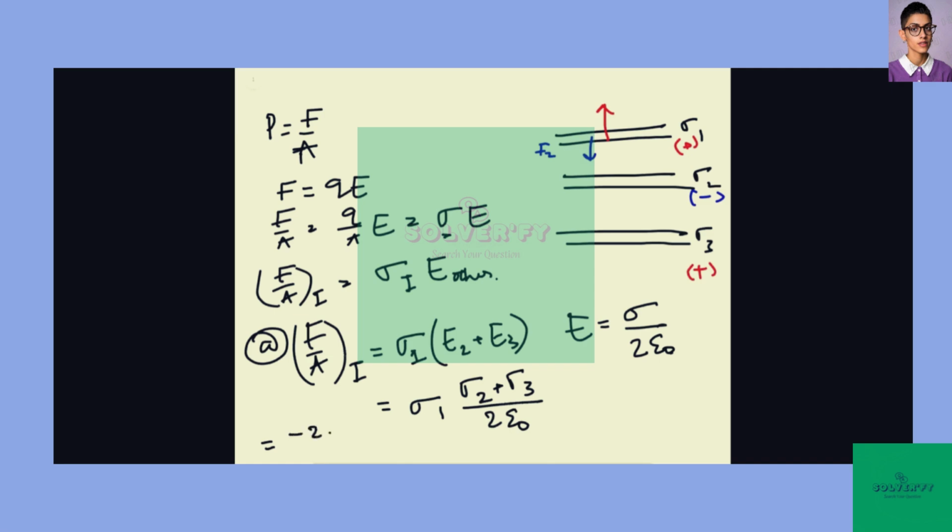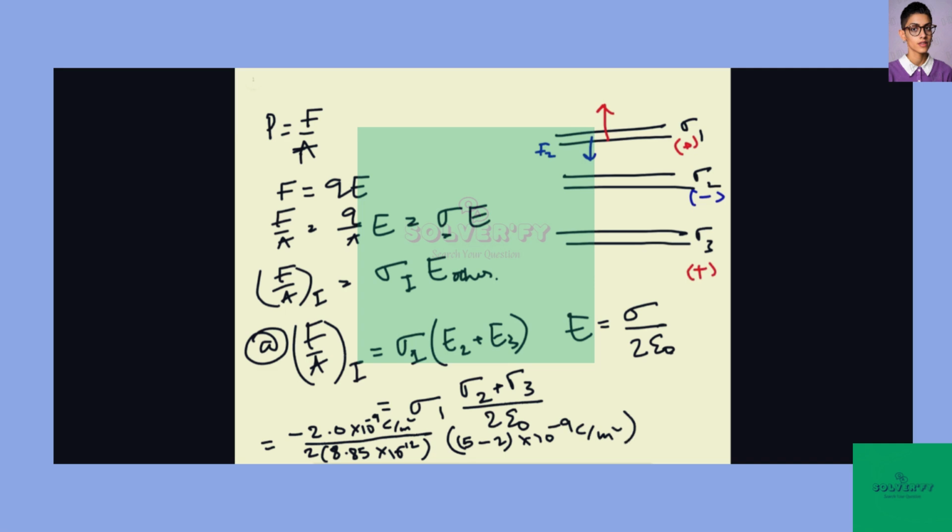Now this is equal to, we know that sigma 1 is 6.5 into 10 power minus 9 coulomb per meter square, divided by 2 times epsilon naught, which is obviously 8.85 into 10 power minus 12, times, we know that sigma 2 plus sigma 3 is 5 minus 2 into 10 power minus 9 coulomb per meter square.